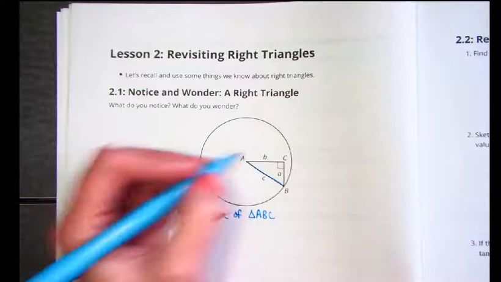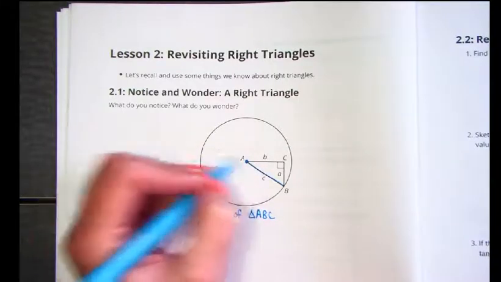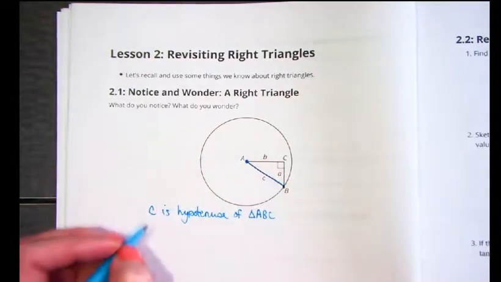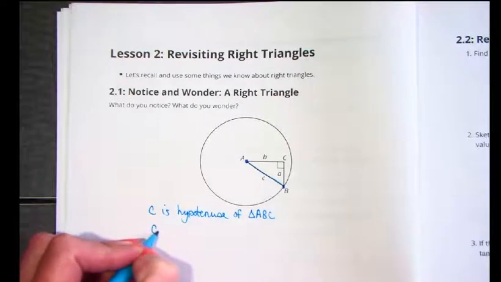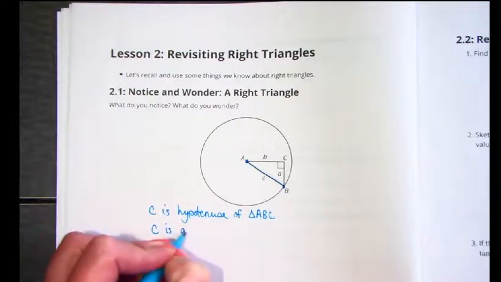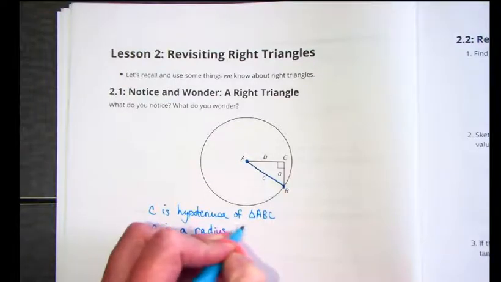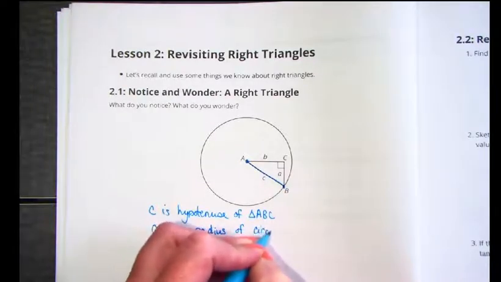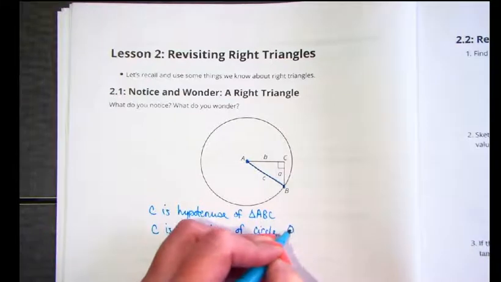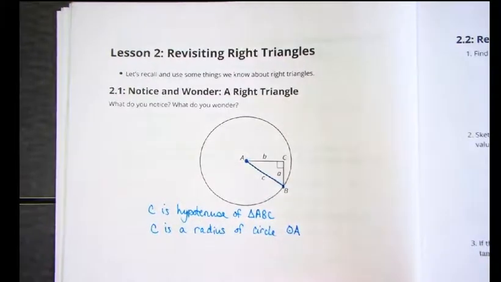And I also noticed what looks like, I can't quite tell for sure if A is at the center, but C also looks like a radius of the circle. And call that circle A, like that.